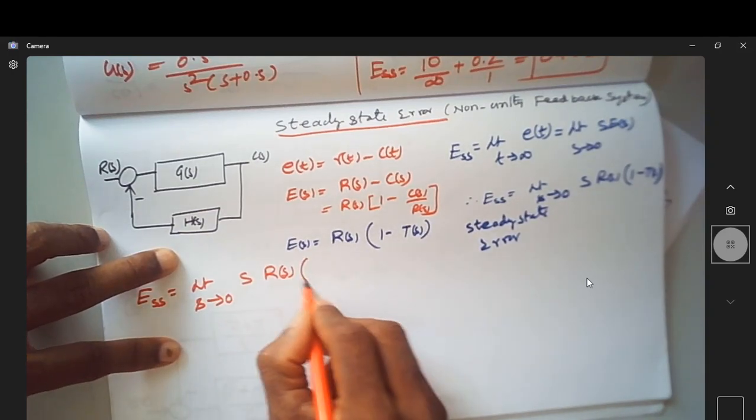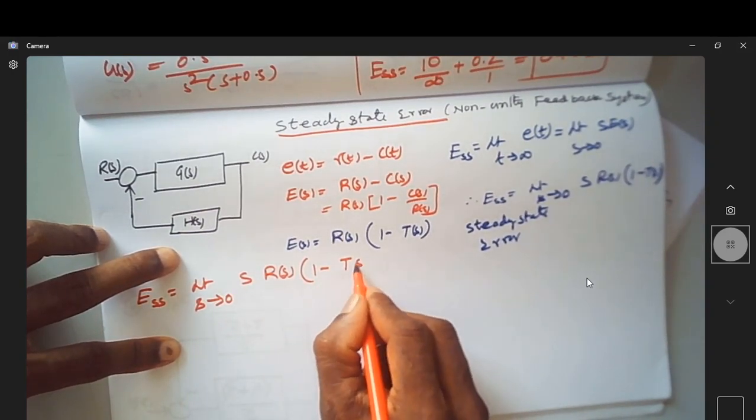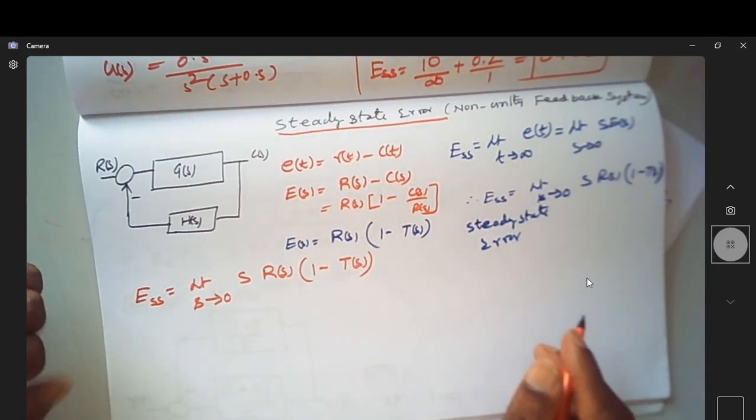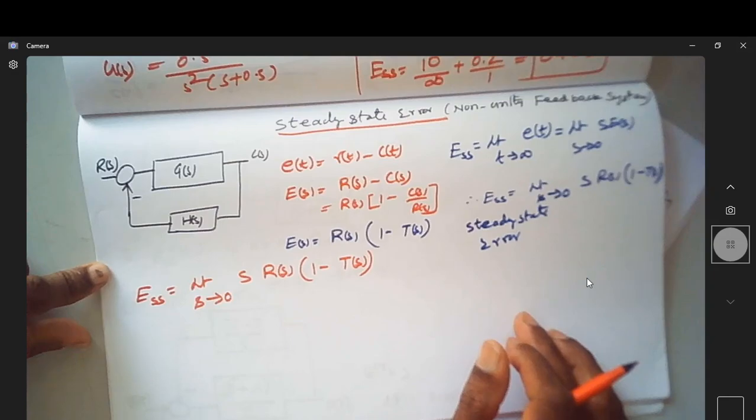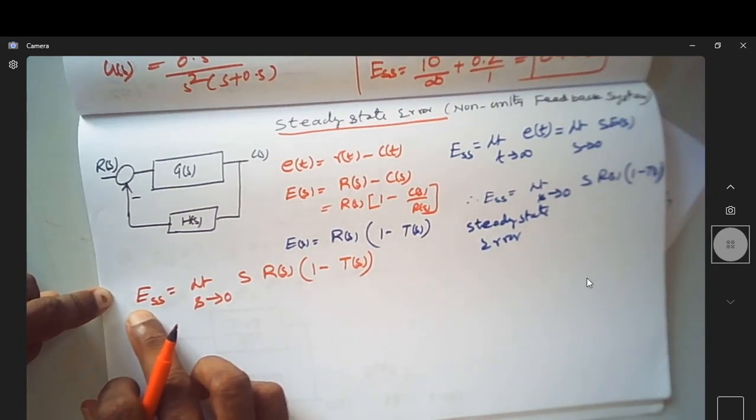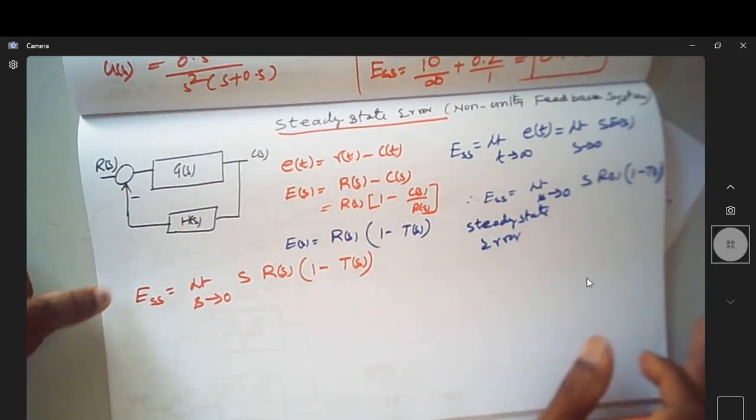Let us take up a few examples and try to find out how we estimate the steady state error in case of a non-unity feedback system.